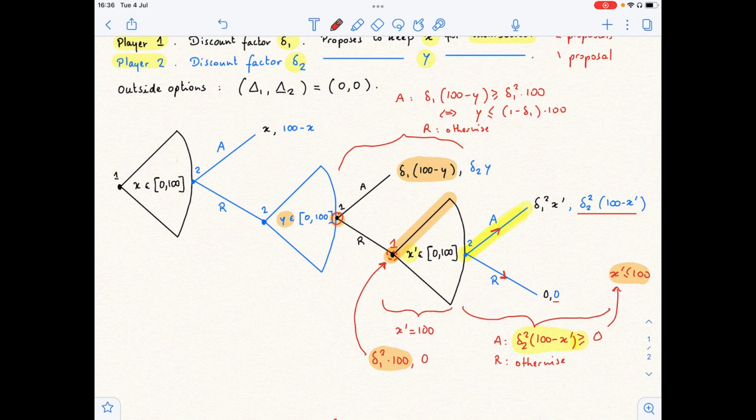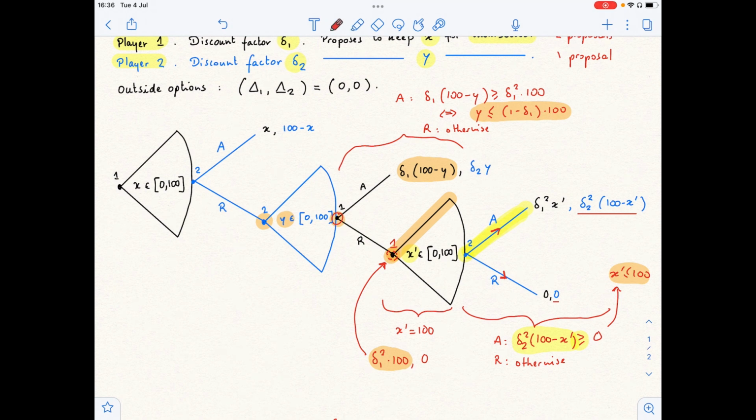If this is the decision rule of player 1, right, then player 2, when we move up the game tree and we consider the offer of player 2, will choose to offer the biggest amount that would be accepted. So what's the biggest amount that would be accepted, considering the fact that player 1 accepts as long as y is less or equal than 1 minus delta times 100?